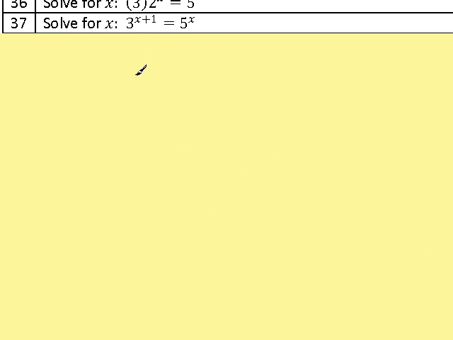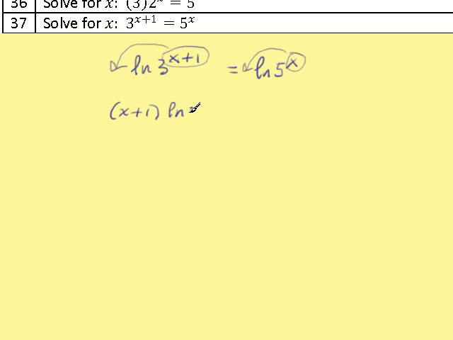In 37, we'll ln both sides and bring down the x plus 1 and bring down the x. So we have ln 3 to the x plus 1 is equal to ln 5 to the x. And both of these are coming down. So we have x plus 1 in parentheses times ln 3 is equal to x ln 5.